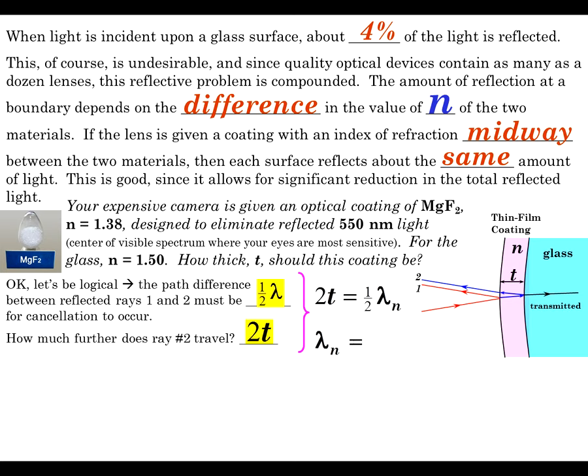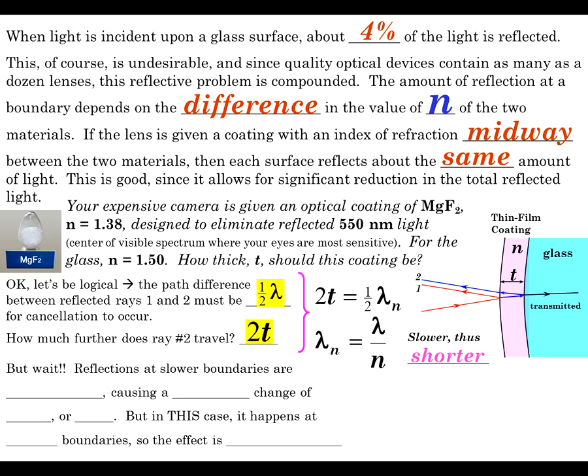We've actually covered that before, but what it turns out simply is that the wavelength in the coating itself with index of refraction n is just the wavelength in a vacuum or air, practically speaking, divided by n. So it's shortened by a factor equal to the index of refraction. Okay, hopefully that makes sense.